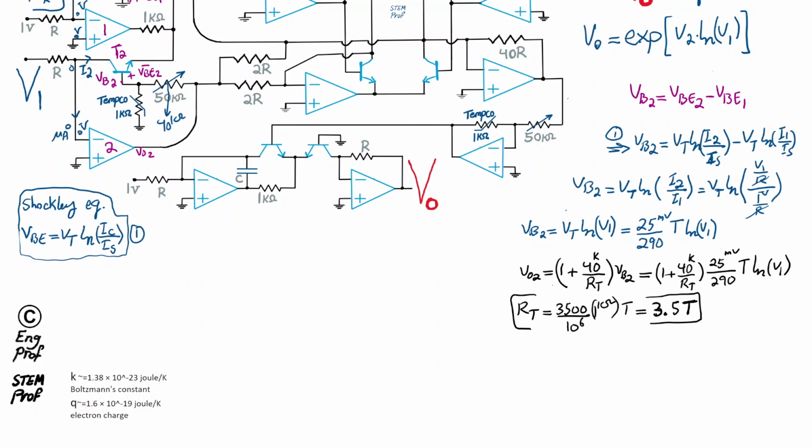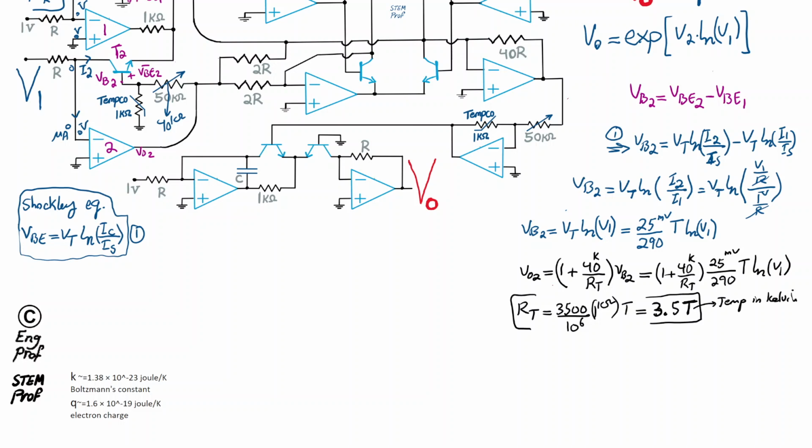So then what is the outcome for this circuit? With this, we can just substitute RT with this value. So as a result, we get this outcome. Just remember that this T has to be the temperature in Kelvin.